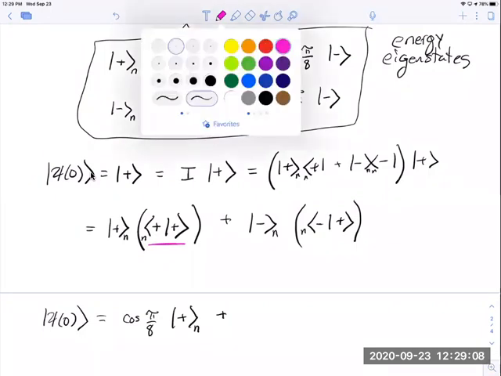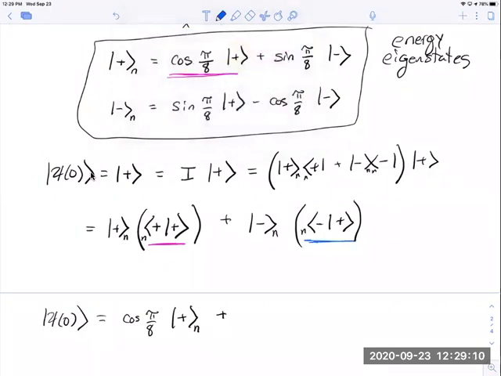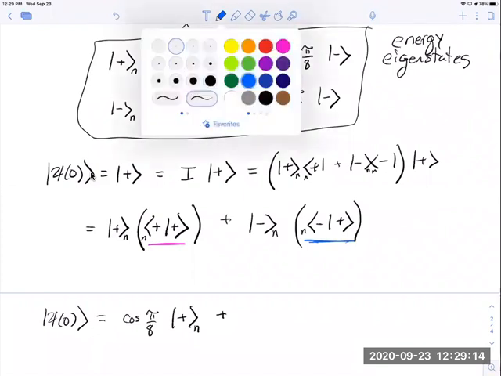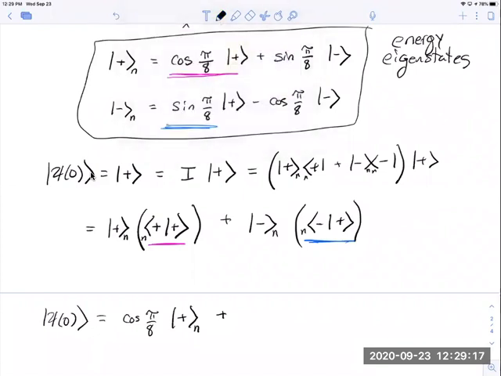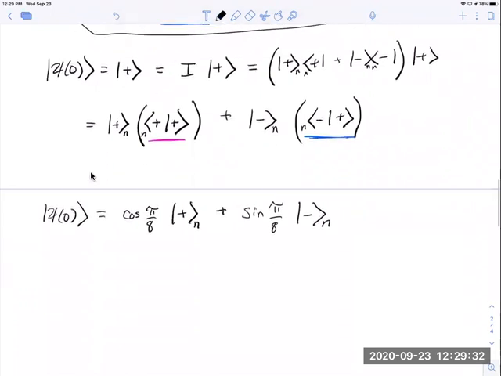And then I also want to look at this portion, which is going to be this term. So this also then becomes the sine of pi over 8 minus n hat. So now we have the starting state in terms of the energy eigenstates, for which there is, of course, much rejoicing.